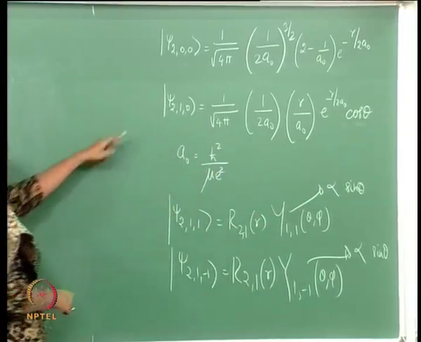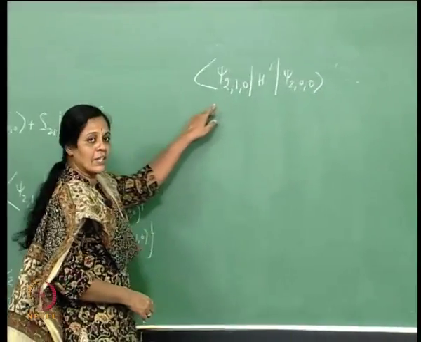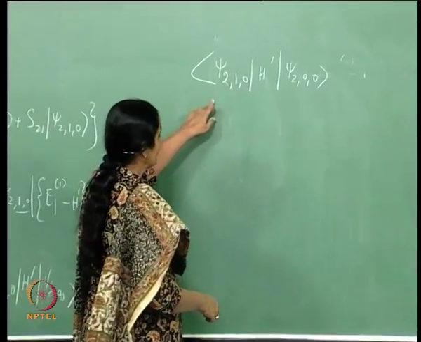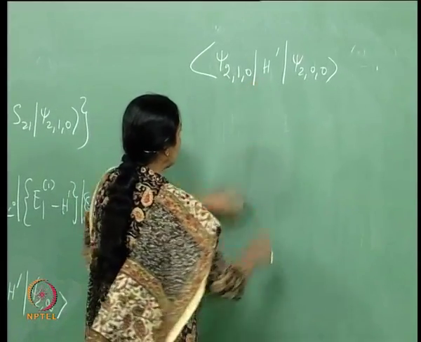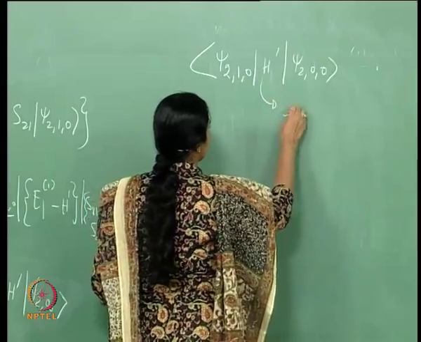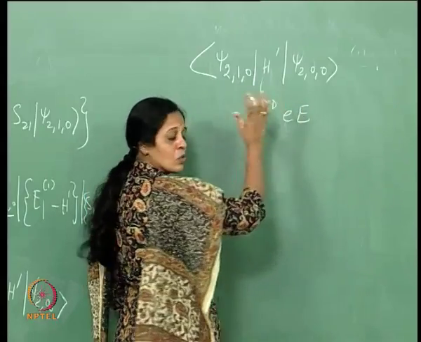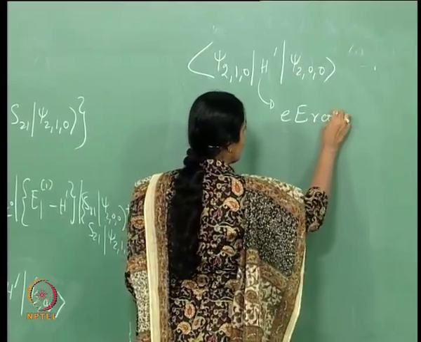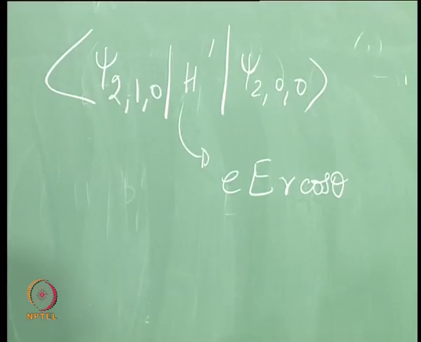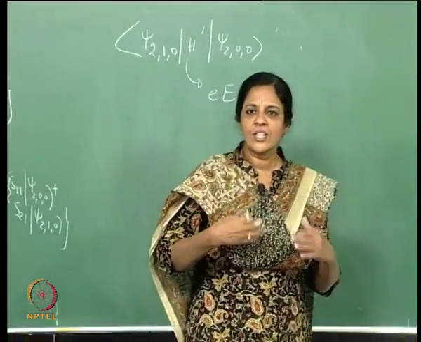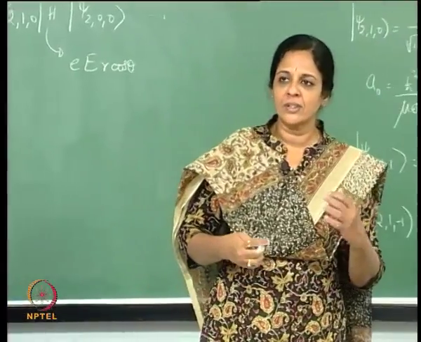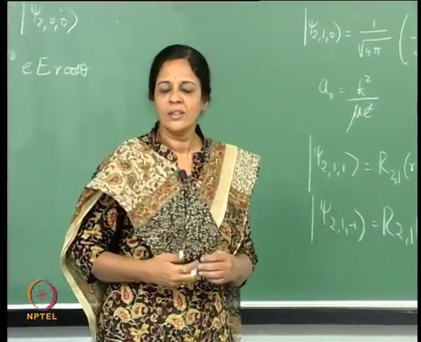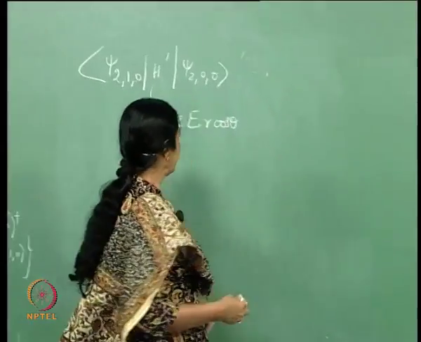Now, these two have to be substituted in calculating this matrix element, and for H prime we have an electric field whose magnitude is given to us and a z which is r cos theta. This integration has to be done. The integral over r goes from 0 to infinity, theta 0 to pi and phi 0 to 2 pi.